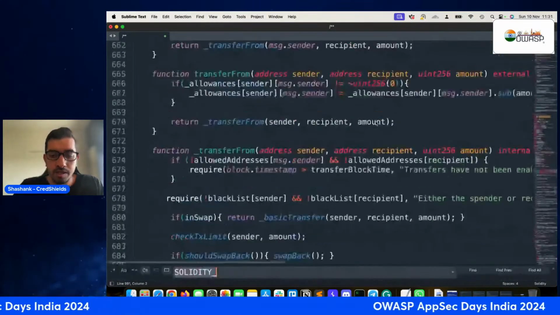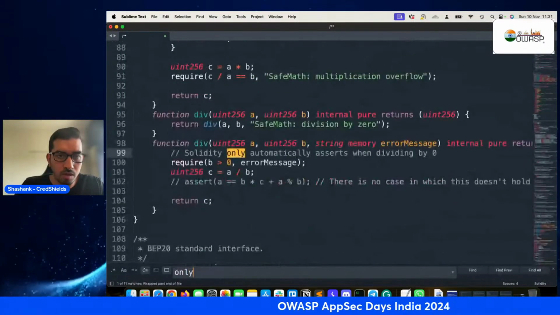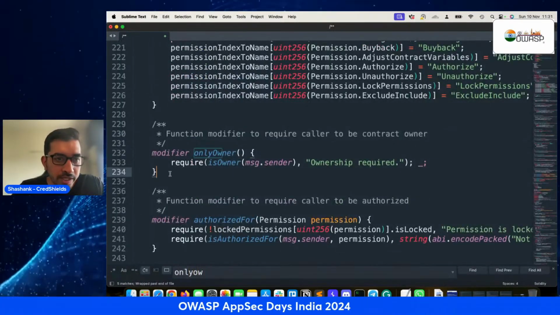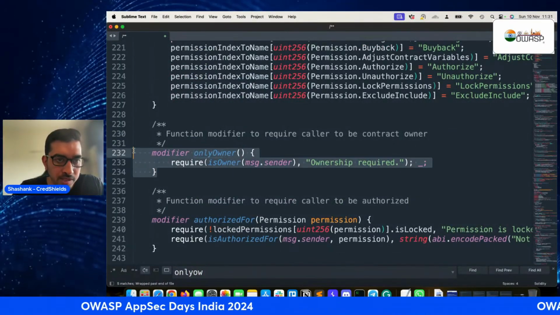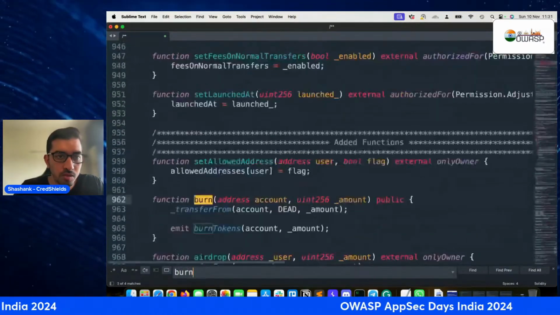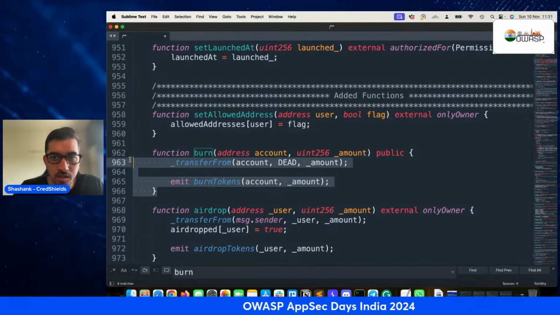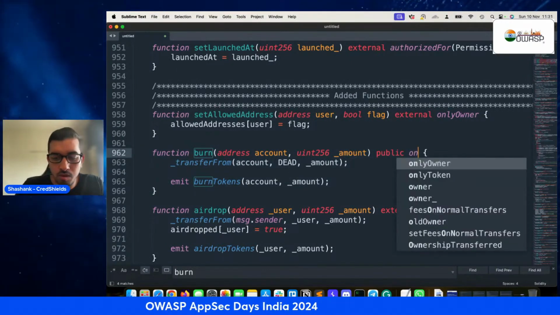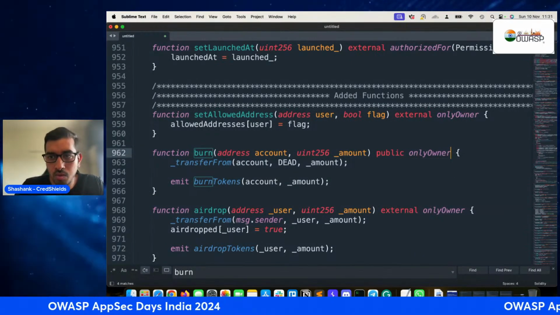So if we see, they did have only owner. They did have this modifier in place, but what happened was, they forgot it in the burn function. If you see the burn function, this public only owner was missing.